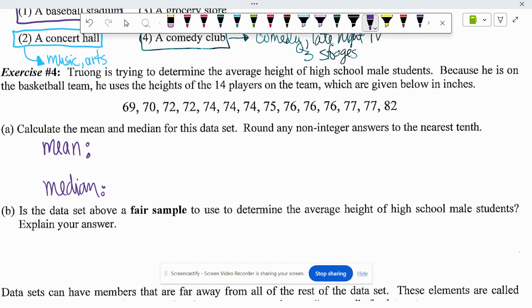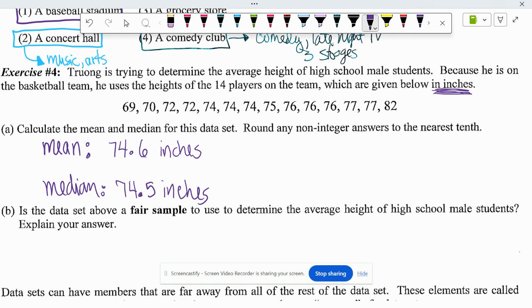I got 74.5. Oh, no, we want 1 decimal. Sorry. So 74.5. And our measurement is what? Inches. Yeah, we're talking about inches. Okay, Braden, you ready? What'd you get for your mean? 74.6. And our measurement is inches.